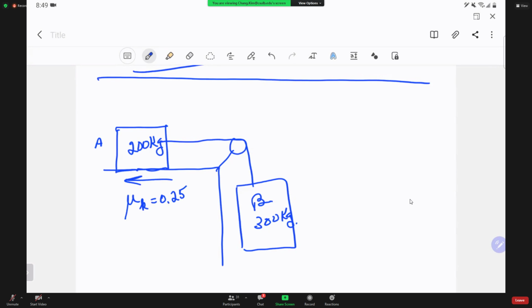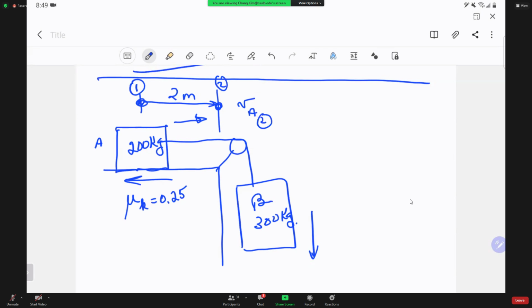Now, initially at rest, and I let it go, block B will move down and pull block A. Okay. Now the question is, this guy moves 2 meters. What is the velocity of block A at point 1 and 2?